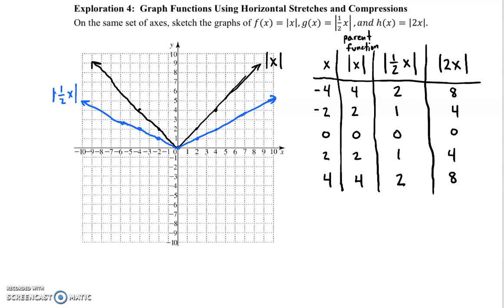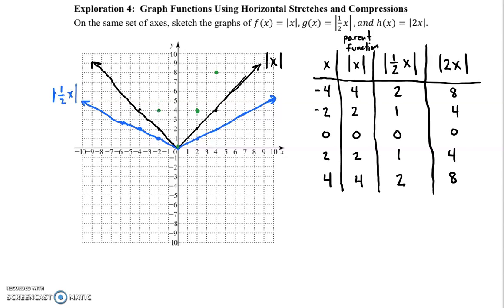And for 2x, it's going to get steeper. So we have -4, 8, 2, 4.